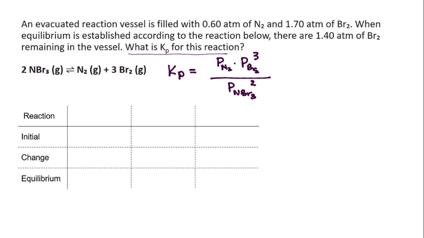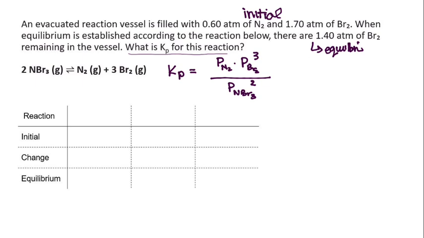Because it says the vessel is filled with these, these are initial amounts. The next statement says that when equilibrium is established, there are 1.4 atmospheres of Br2 left, so that is an equilibrium amount.